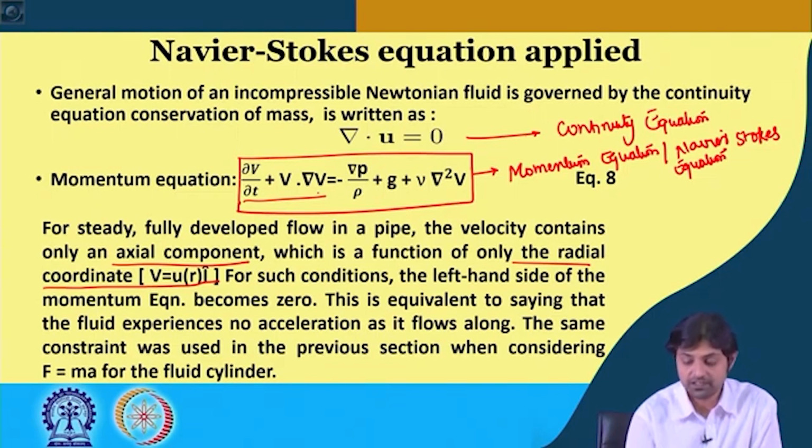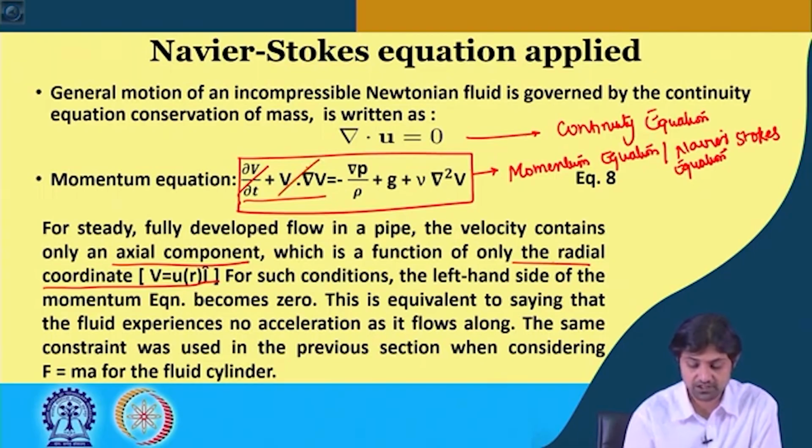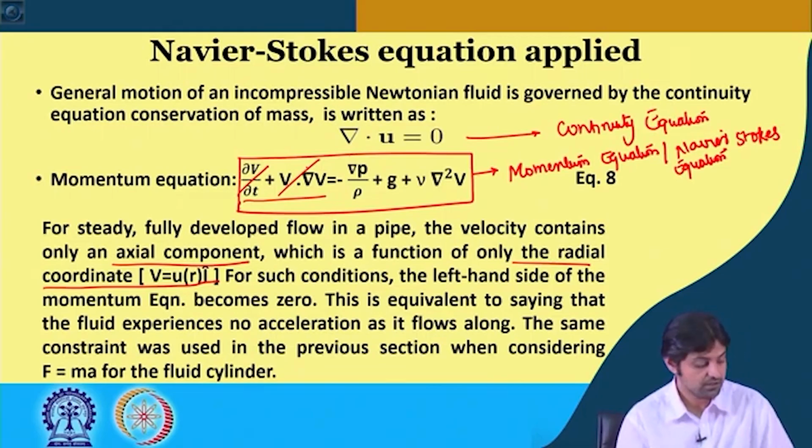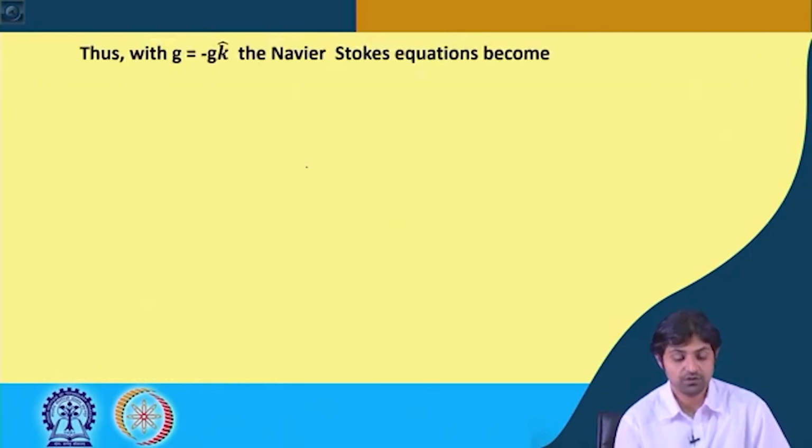This is equivalent to saying that the fluid experiences no acceleration, it flows along. So convective acceleration and everything is 0. This is acceleration, local acceleration, this is convective acceleration. Okay, the same constraint was used in the previous section when we considered F is equal to ma for fluid cylinders. So left side of the Navier-Stokes equation becomes 0 because there is no acceleration in the flow.